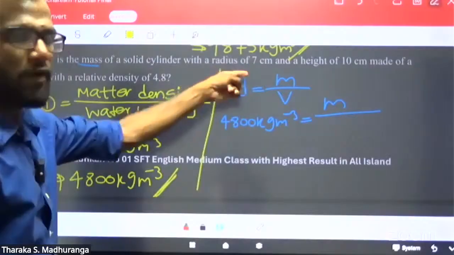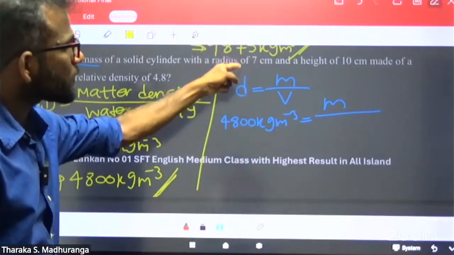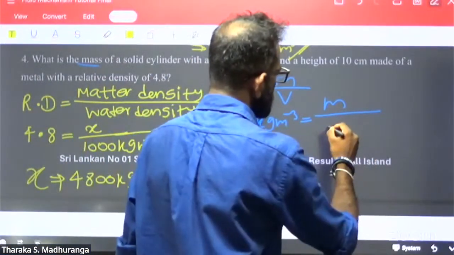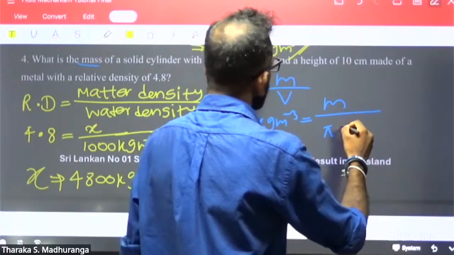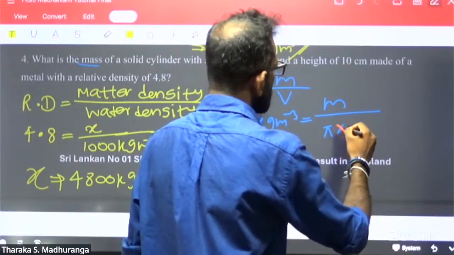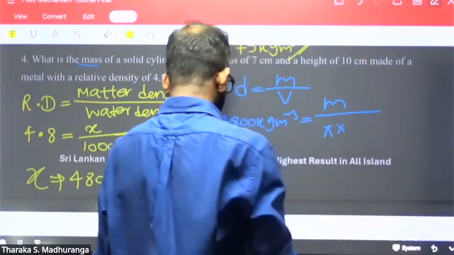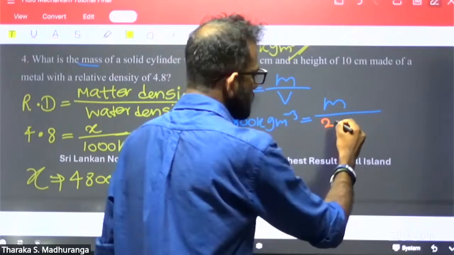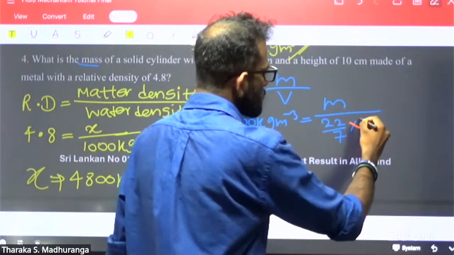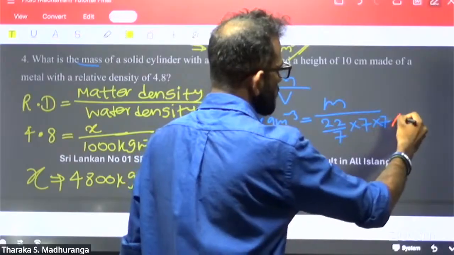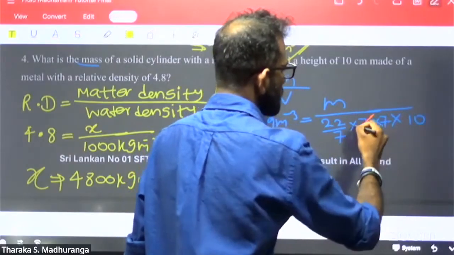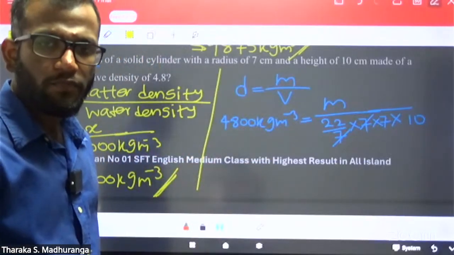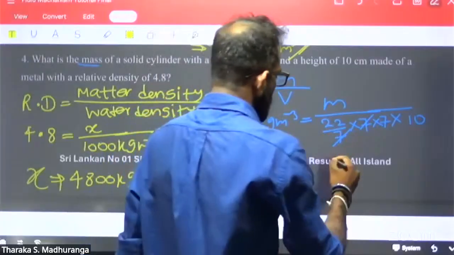To find the volume, the question gives radius and height, so pi r squared h. Instead of pi I use 22/7 for easy calculation. r squared is 7 into 7, h is 10. Let 7 cancel out. 22 into 7, 154. 154 into 10.